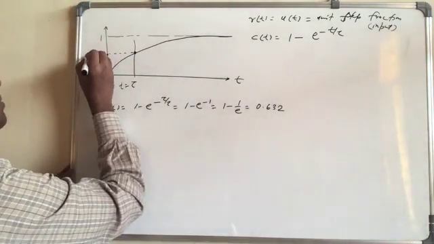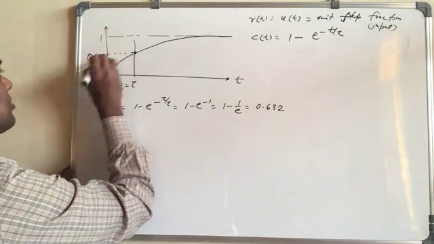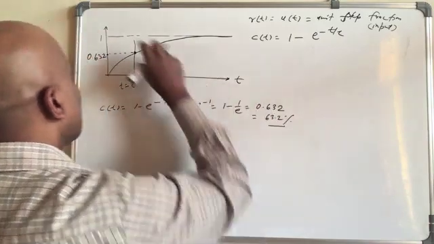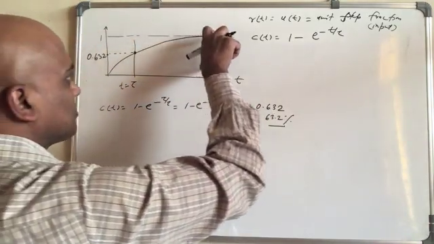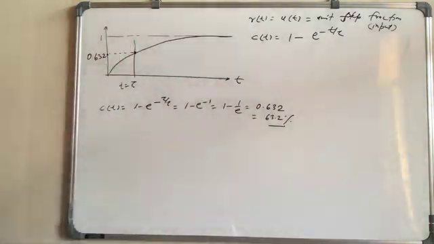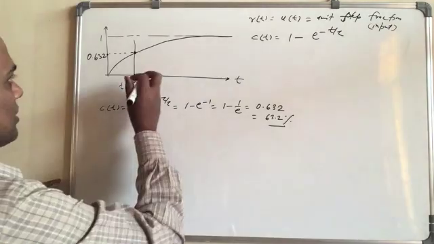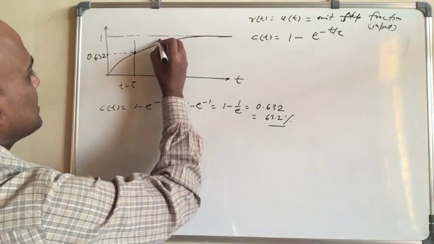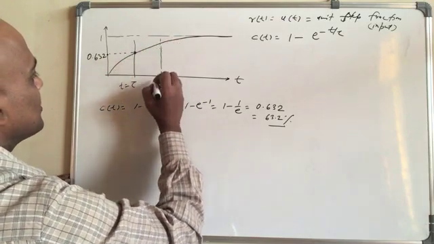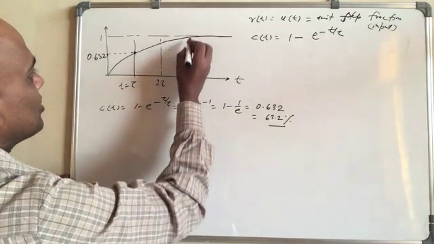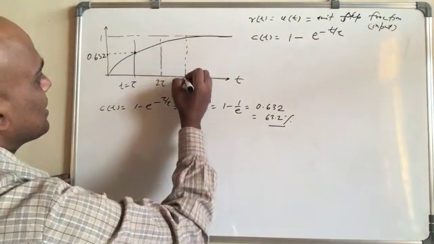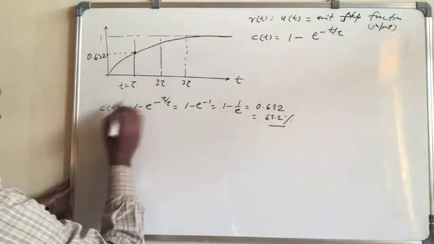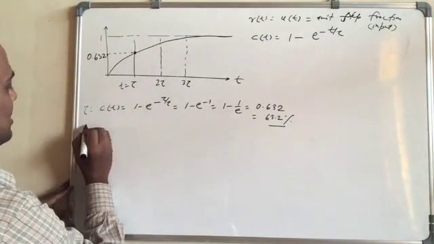So this will be 0.632, or 63.2% of the final value. Similarly, you can find out the value at 2 tau, 3 tau, and so on. At tau it will be like this one.